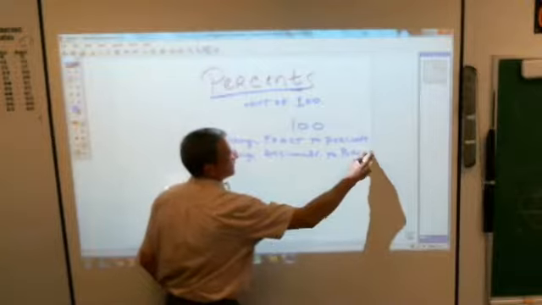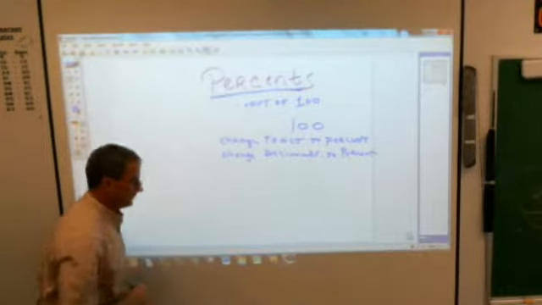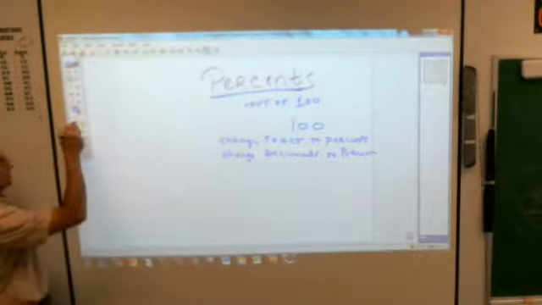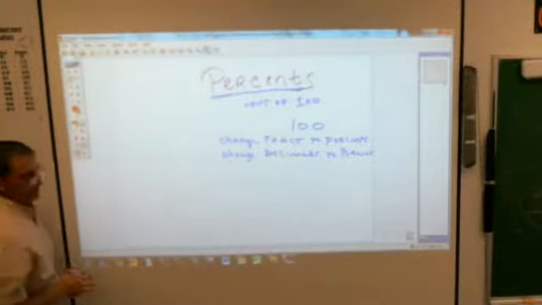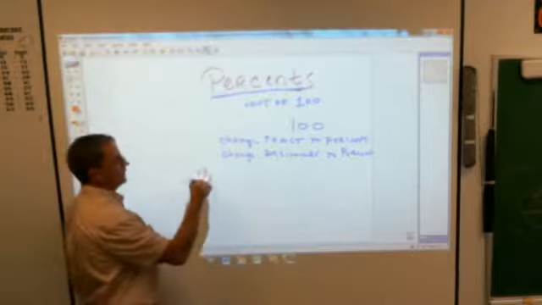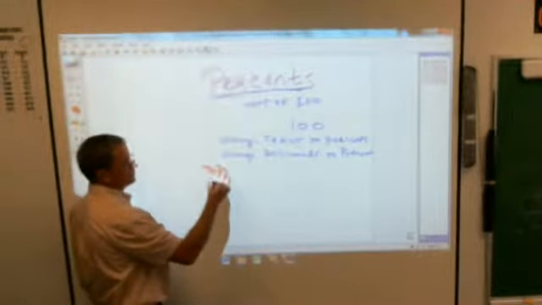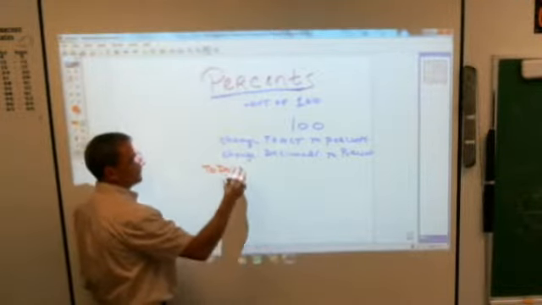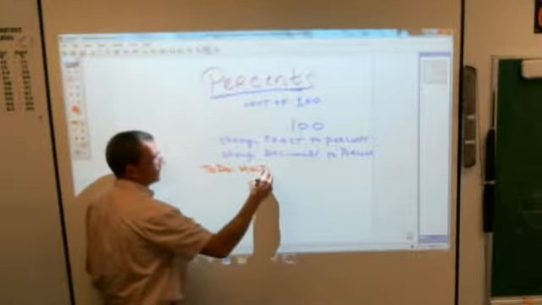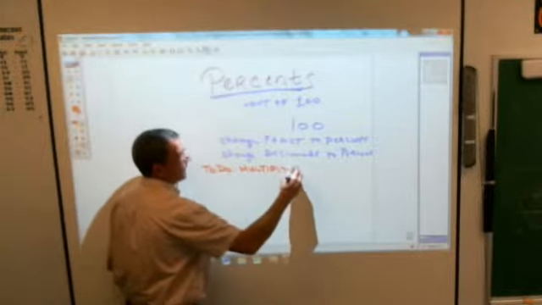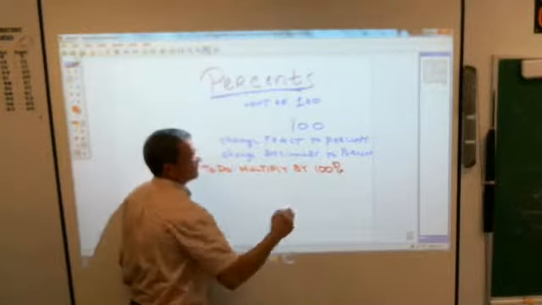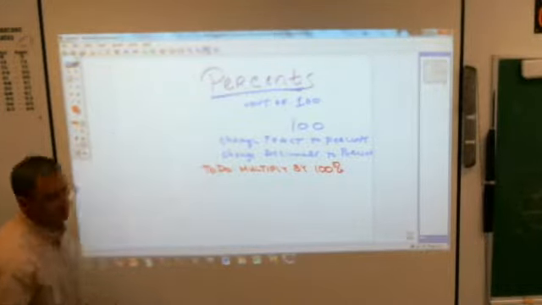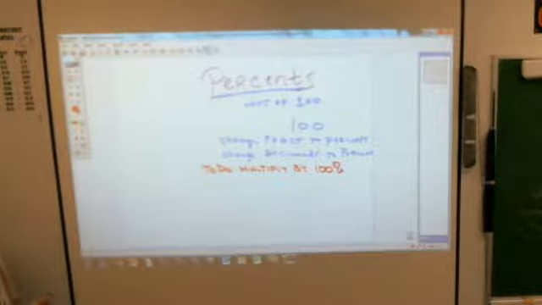And there are, ladies and gentlemen, lots of different ways you can go about doing this, but the one surefire way of changing anything to a percent is to multiply whatever by 100%. If you multiply something by 100%, you will change it into a percent.